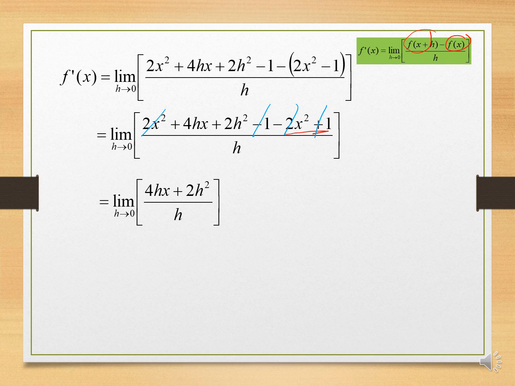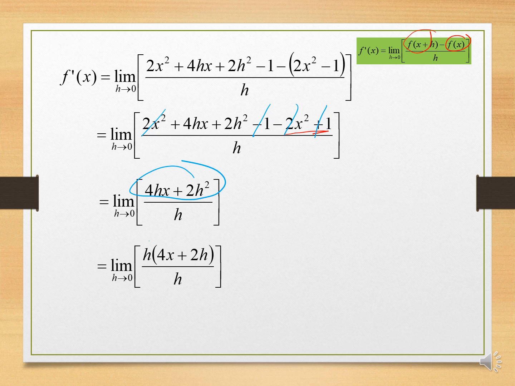4hx + 2h squared over h. Definitely the limit as h approaches 0 is still there. Okay, next we're going to factorize out the h here. So that's why you get the limit as h approaches 0 of h(4x + 2h) over h.